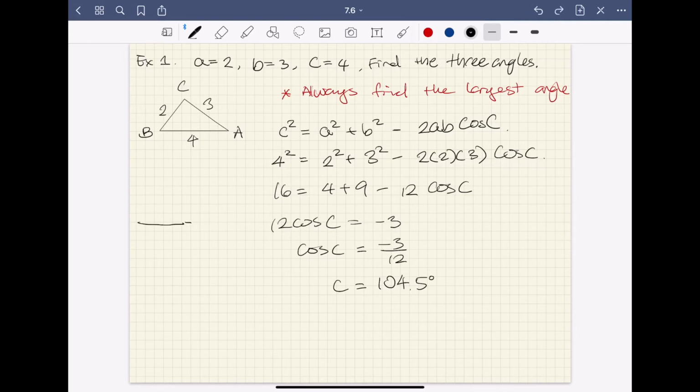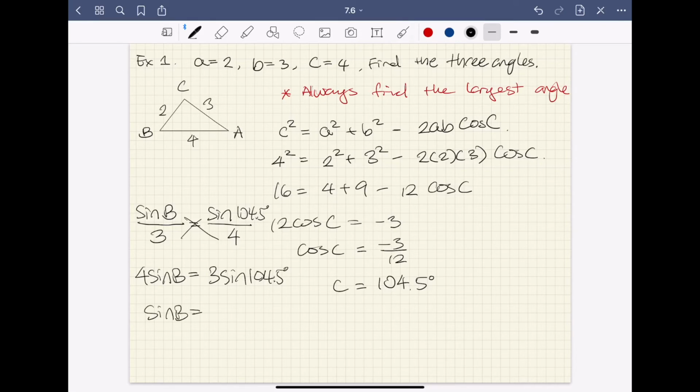If you still remember from the last video, sine B over B is equal to sine C over C. Sine C is 104.5 degrees, and C is 4. So 4 sine B is equal to 3 sine 104.5 degrees.